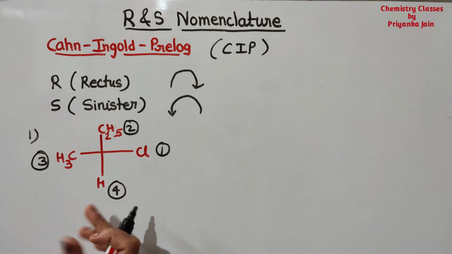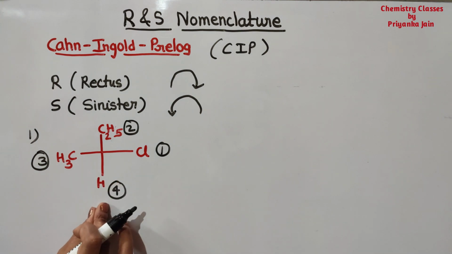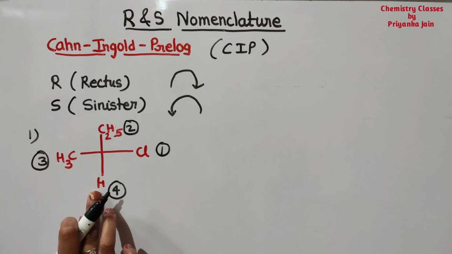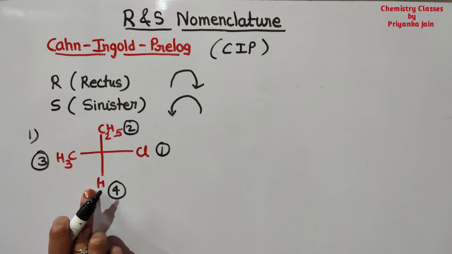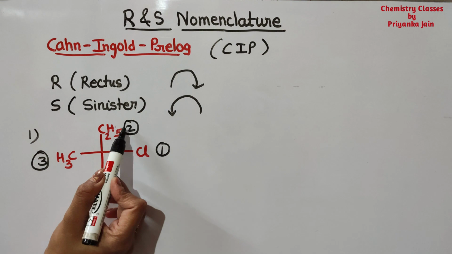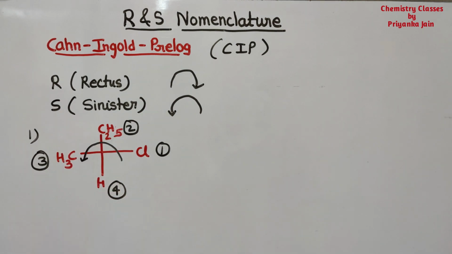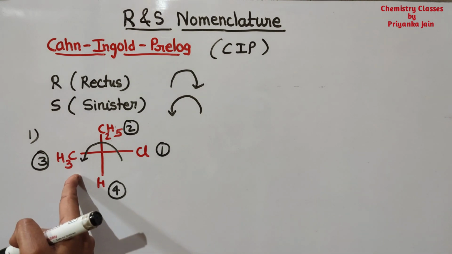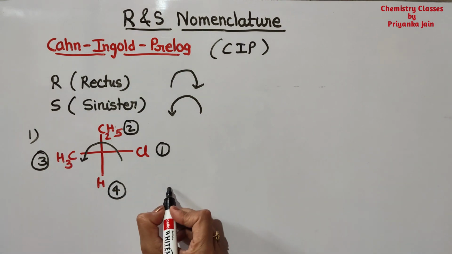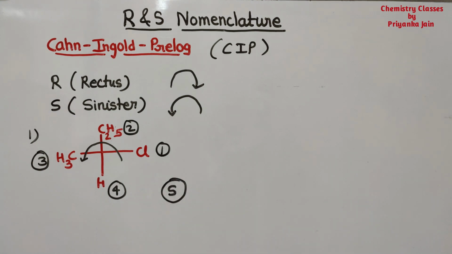Generally this group is hydrogen, and we have to see from the side of this carbon atom. It means our eye should be on the side of this hydrogen atom or the fourth priority group. Now we have to see the sequence of these groups, 1, 2, 3. See here, this is in this manner.